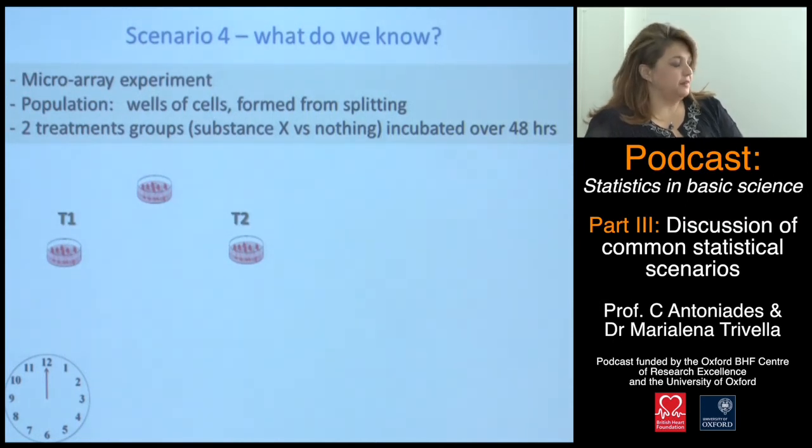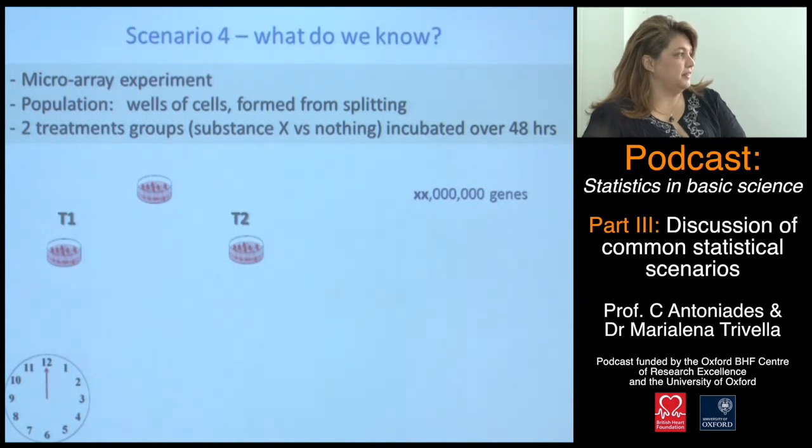So statistically, there are rather a lot of issues one needs to consider. And the fact that these wells may easily contain hundreds of thousands of genes makes things even more complicated. So we're really not going to be able to do this using pen and paper.